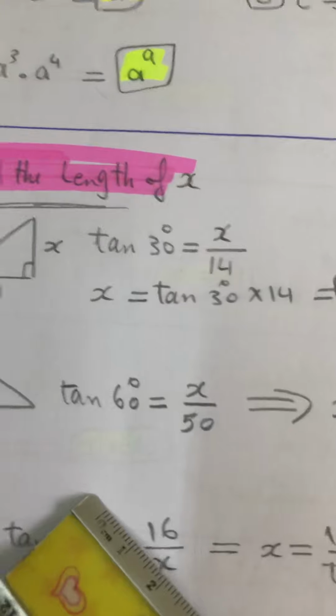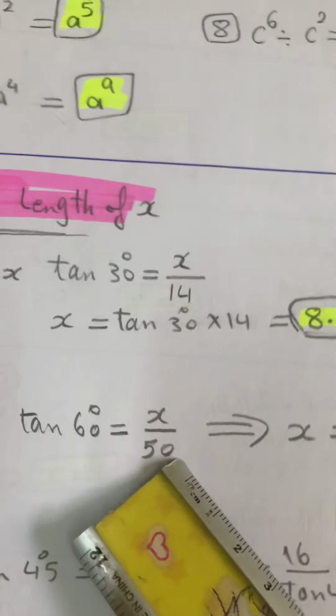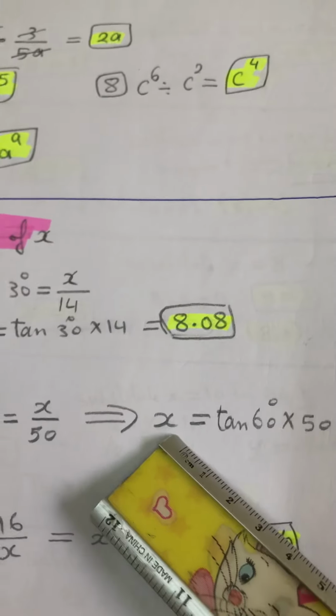Also find the length. We have angle 60. The opposite of angle 60 is x, the adjacent is 50, and we are in a right angle triangle. So by calculating, tan 60 equals opposite x divided by adjacent 50. Multiply tan 60 times 50, which gives you the value of x.